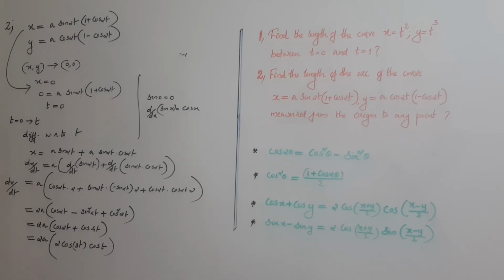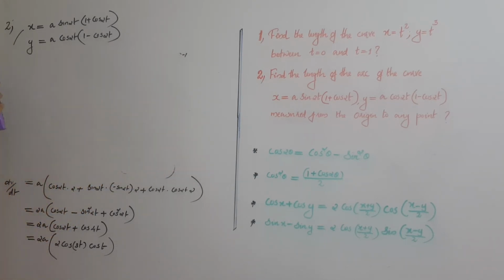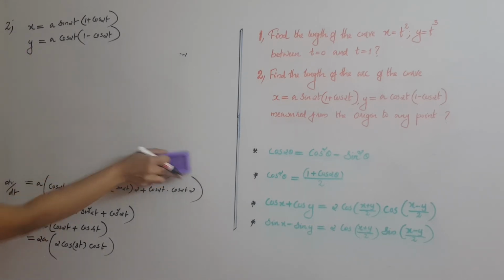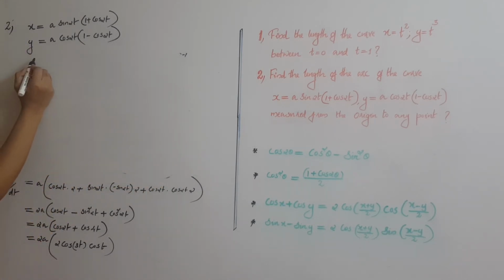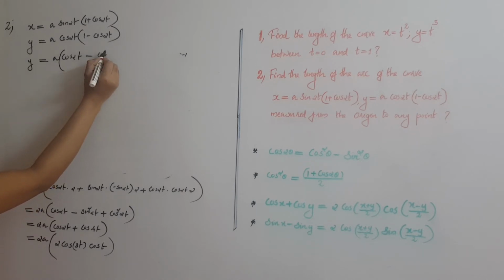Now find dy by dt. Just rearrange it. y is equal to, just open the bracket first, a into cos 2t minus cos square 2t. What is cos square theta? Cos square theta is (1 plus cos 2 theta) by 2.